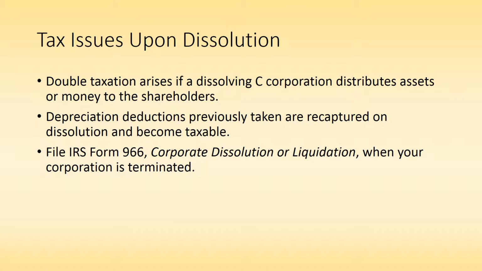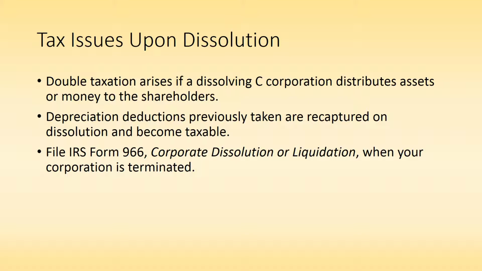The specter of double taxation arises if a dissolving C corporation distributes assets or money to the shareholders, or a sale of the business's assets may mean the corporation owes tax on gain from the sale and the shareholders owe tax again on the money received for their shares.